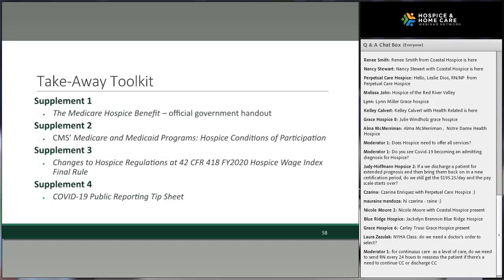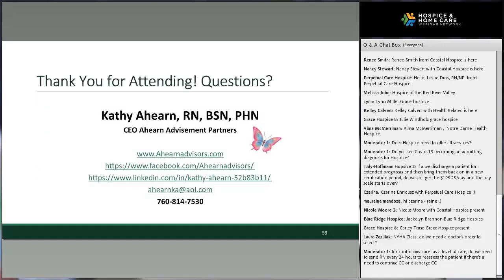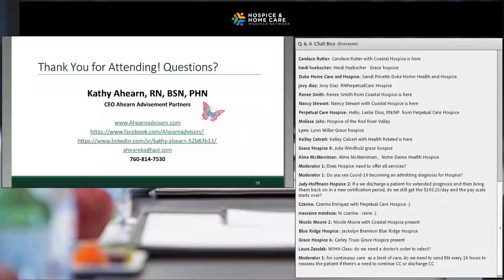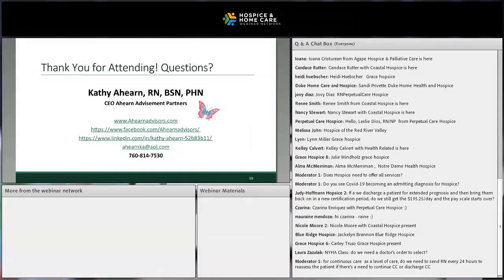Again, the hospice benefit toolkit, so that you have the official government handout that you can give as well, and some other areas here. Again, I've given you the link to the hospice chapter. And I believe that winds this up. That's a lot of information, but you can do it.